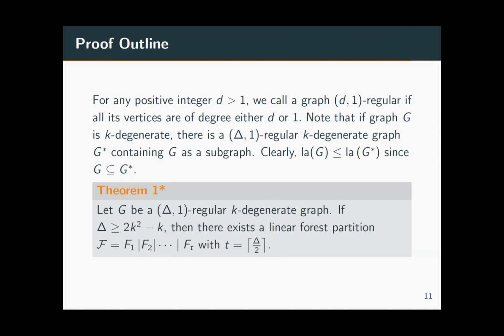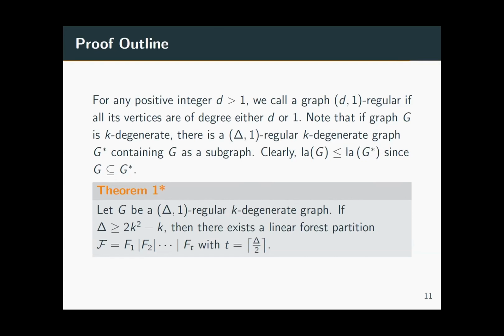In that way we can have an embedding of any graph G. And if G is k-degenerate, because we add all the new vertices to its right-hand side, the graph we obtain will also be a k-degenerate graph.